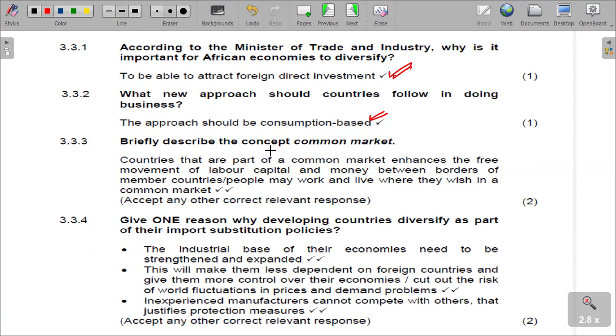Briefly describe the concept common market. A common market refers to countries that are part of a common market, which enhances the free movement of labor, capital, and money between the borders of member countries, and people may work and live where they wish. Let's talk about Africa as an example.